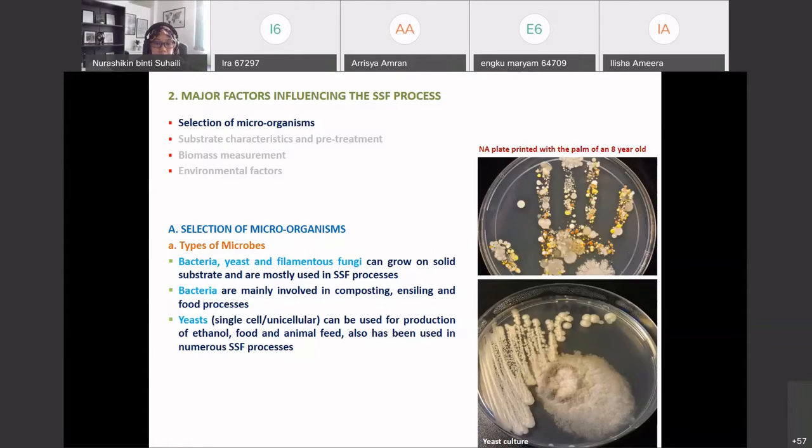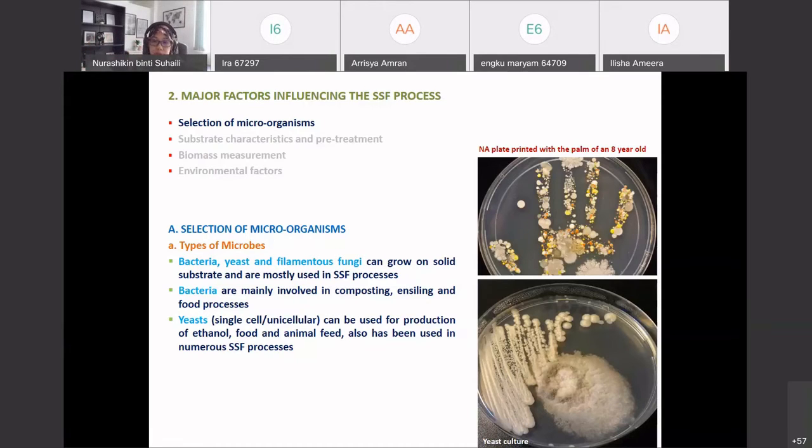Basically, all types of microorganisms, bacteria, yeast, and fungi, can grow on solid substrate. But the most favorable is fungi compared to bacteria and yeast. If you see bacteria, yeast, and fungi, the size is increasing from bacteria to fungi.